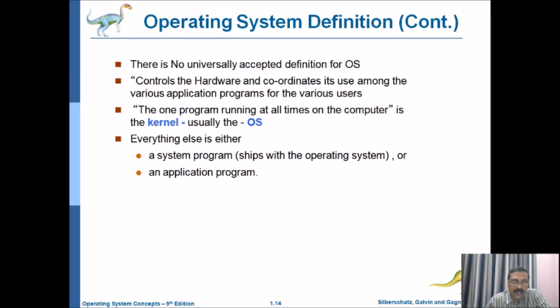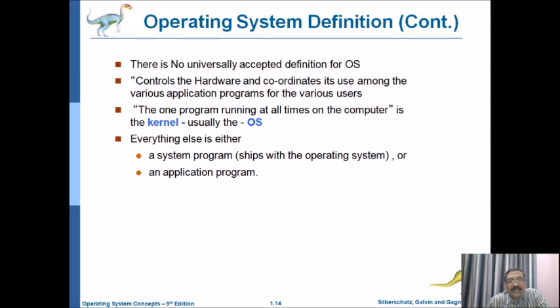You cannot say the full operating system is always available in memory, but the kernel, the essence of the operating system, is always residing in the main memory of the computer until the power is switched off. Whenever you switch on the power, the kernel will be copied there and will reside until you finish the execution of the computer.